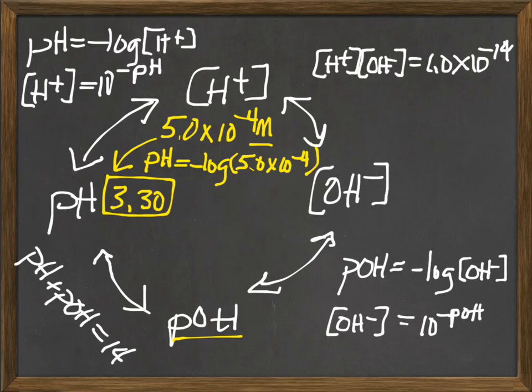You do math every day. So the pOH is going to equal 14 minus the pH. 14 minus the 3.30, so 14 minus 3.30, 10.7.